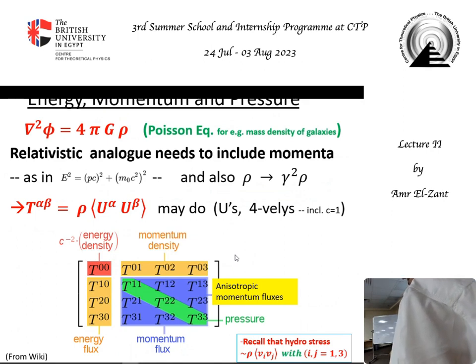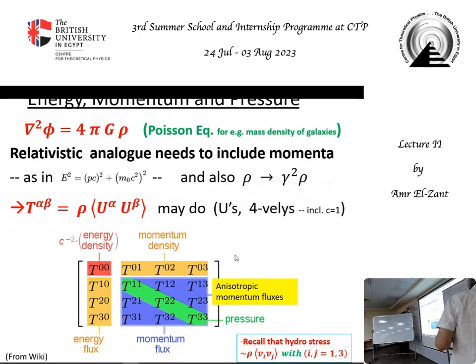Okay. Is that clear? If it's not isotropic, meaning the momentum could be a vector, and then you have j here over i, then it would be rho vi vj. Is that also clear?